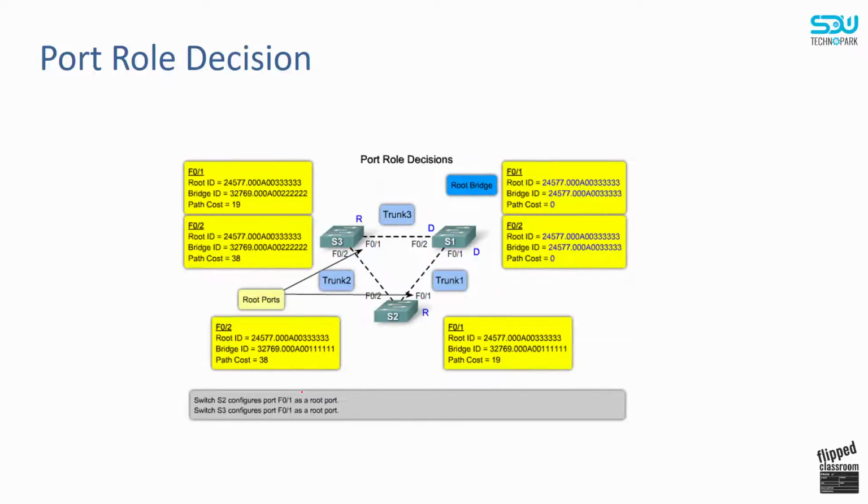Afterward, other switches make a calculation of the best path to the root bridge, and in this example switch 3 and switch 2 define their ports FA01 as the root port because they are much closer than the other variants.